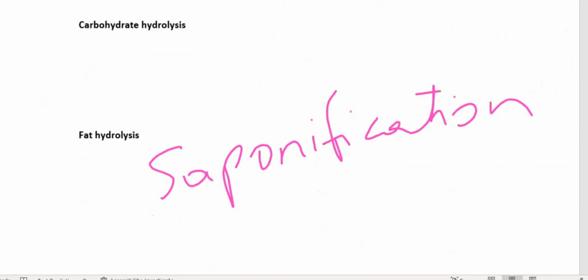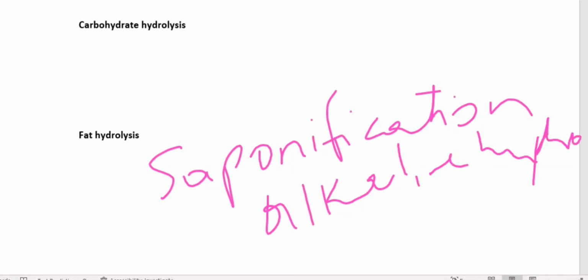And what is saponification? This is the alkaline hydrolysis of fats. That's what it is, the alkaline hydrolysis of fats, okay? And the alkaline hydrolysis of fats produces a salt of the acid, which is soap.